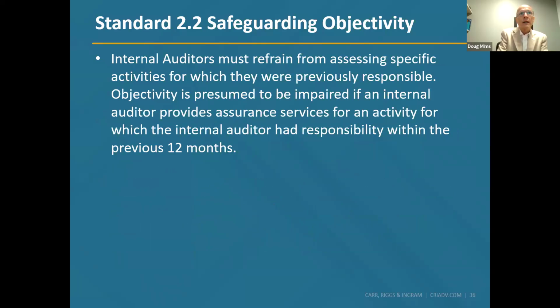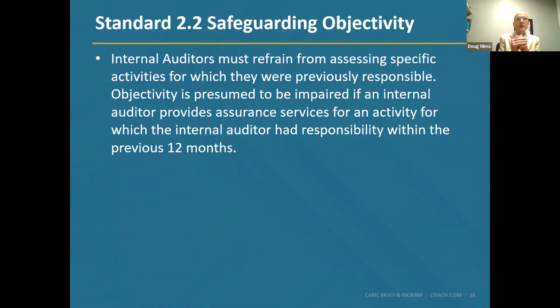Continuing on under Standard 2.2, internal auditors must refrain from assessing specific activities for which they were previously responsible. So if you were responsible for a department or an activity previously, you need to consider that.